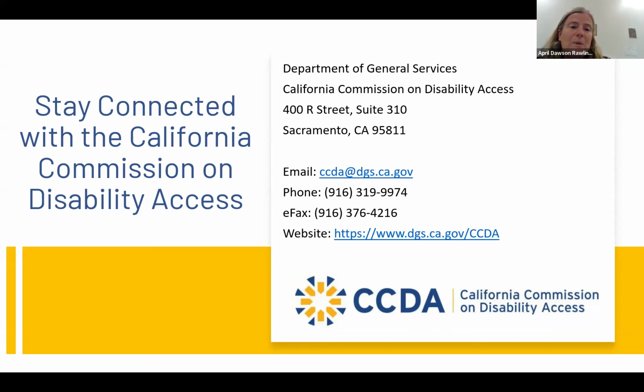We have an education and outreach subcommittee, a checklist subcommittee, which is where a lot of our toolkits are born, and a legislative subcommittee, where you could learn about laws being passed in the state legislature that we're tracking. So I encourage you to go to our website under our meetings tab.